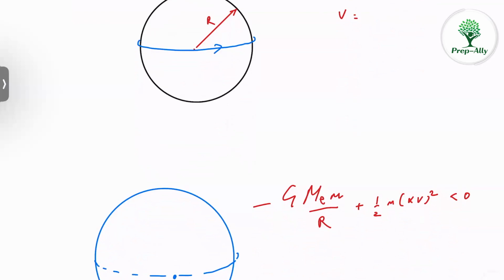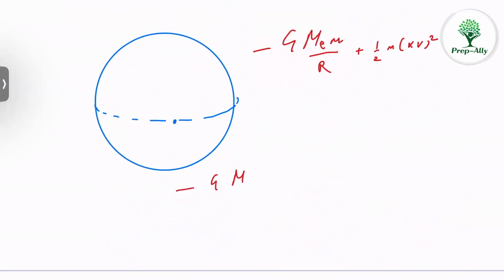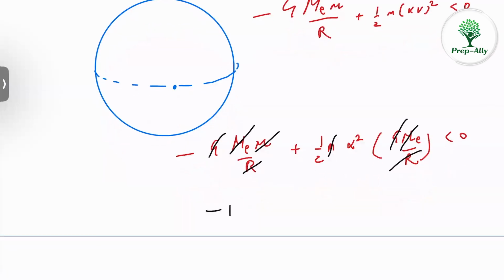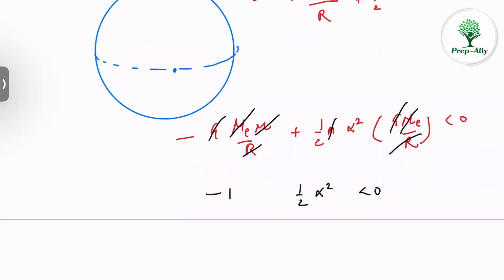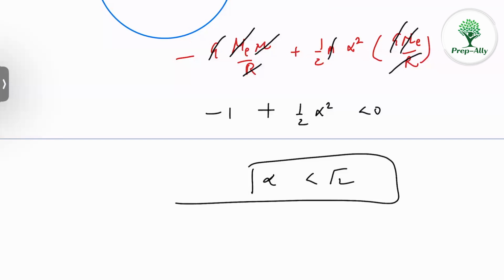Sir, root GM by R, sir. Alpha should be less than root 2.